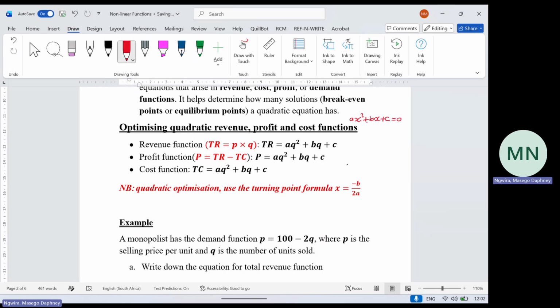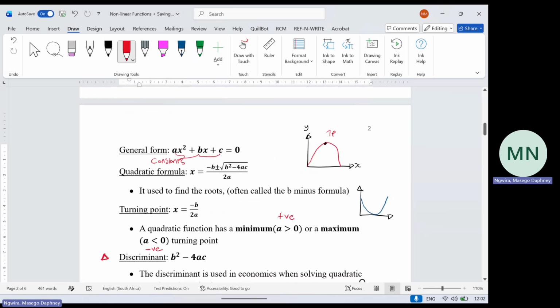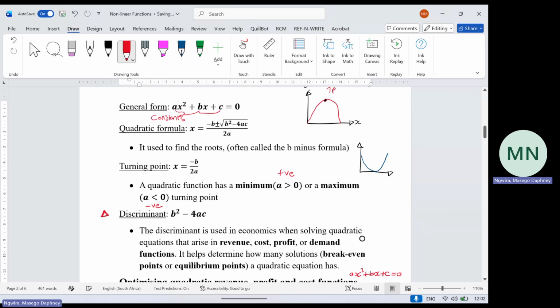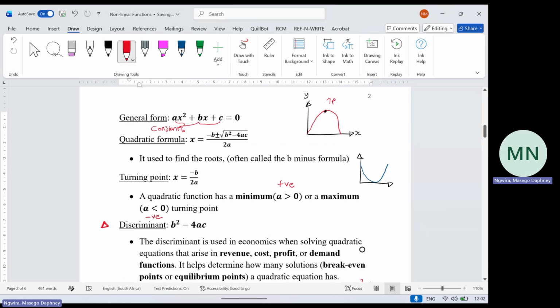The difference is that instead of x, I wrote Q. So everything here is going to change. All these formulas, when we want to calculate the turning point, it's going to be Q is equal to. When we want to use the quadratic formula, it's going to be Q is equal to. I hope I make sense.